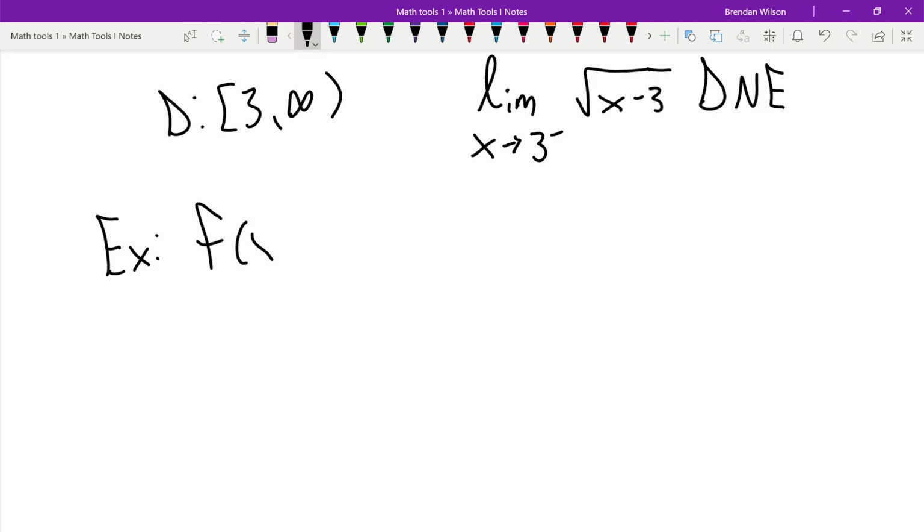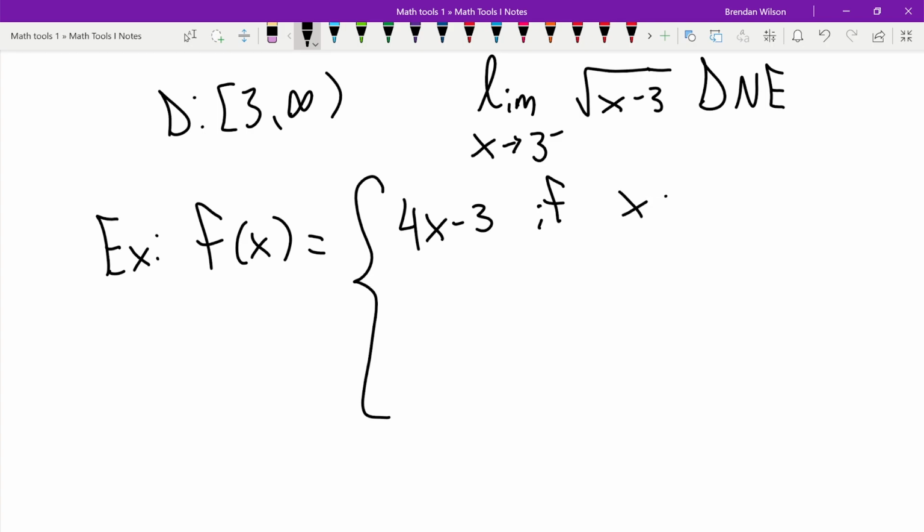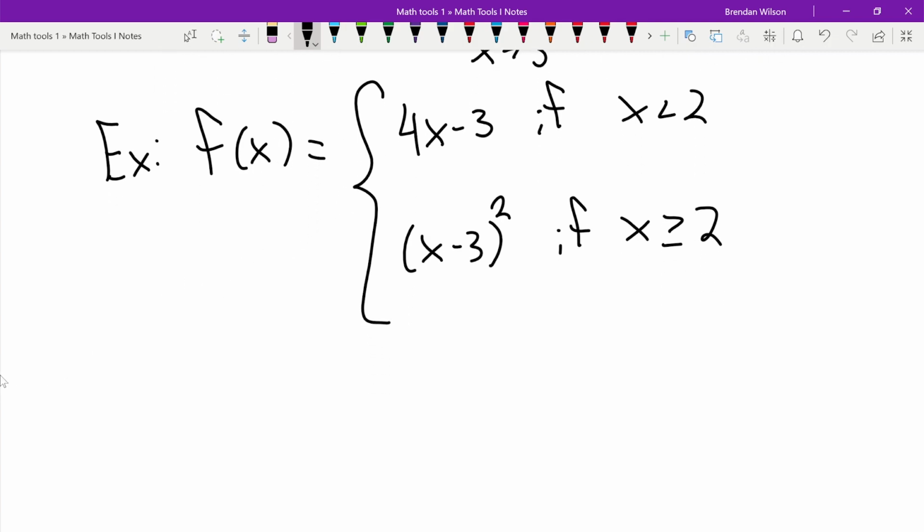So let's say that we have f of x equals 4x minus 3 if x is less than 2, and x minus 3 squared if x is greater than or equal to 2. Okay, so we want to find the limit as x approaches 2 if it exists.